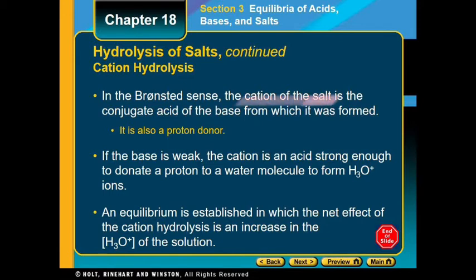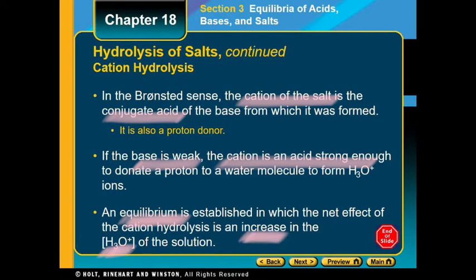So the cation of a salt is its conjugate acid, meaning it's coming from being a proton donor. If the base is weak, the cation is a stronger conjugate acid, and equilibrium will be reestablished to increase the hydronium ion concentration of your solution. And we'll look at an example going this direction.